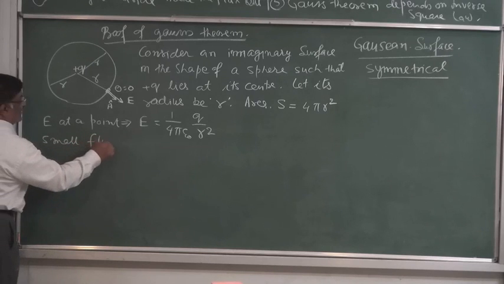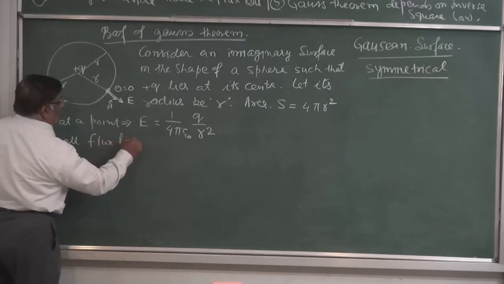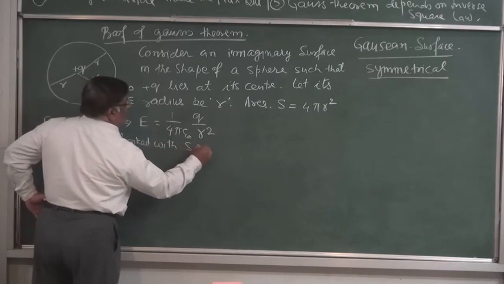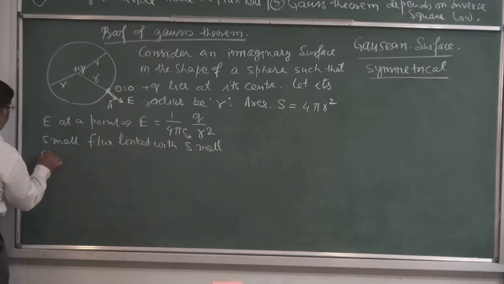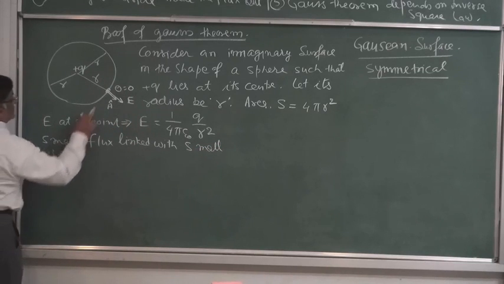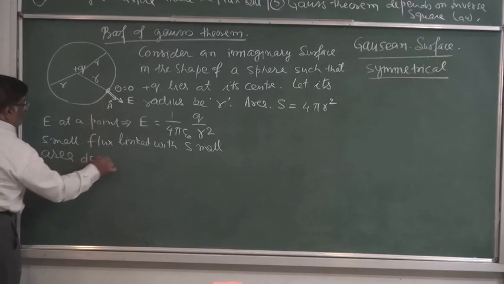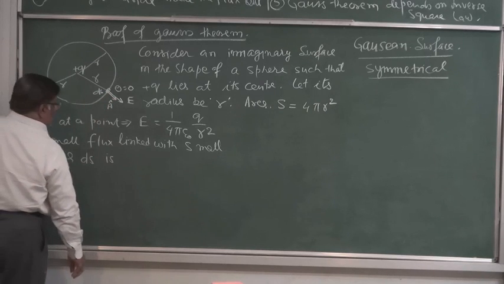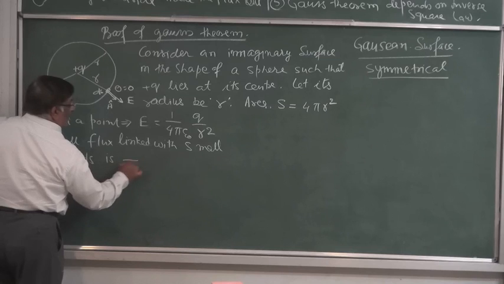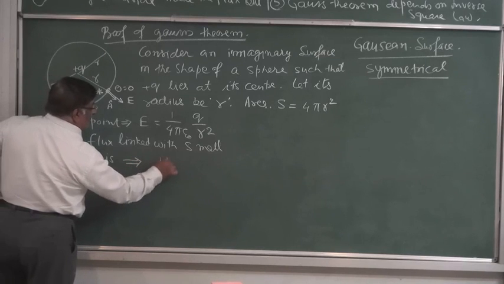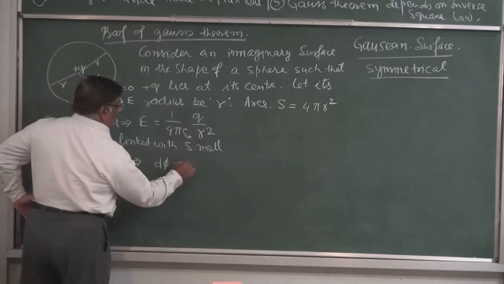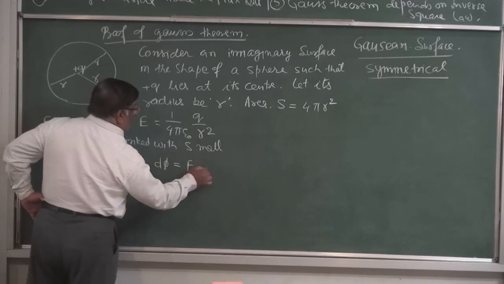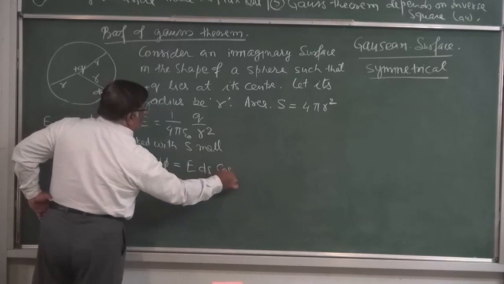So, the small flux linked with the small area ds, we will write d phi. This is equal to electric field E multiplied by area multiplied by cos theta.